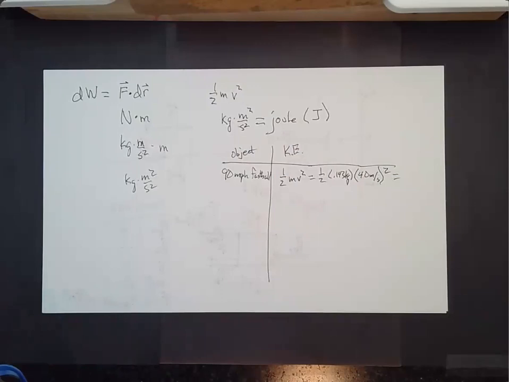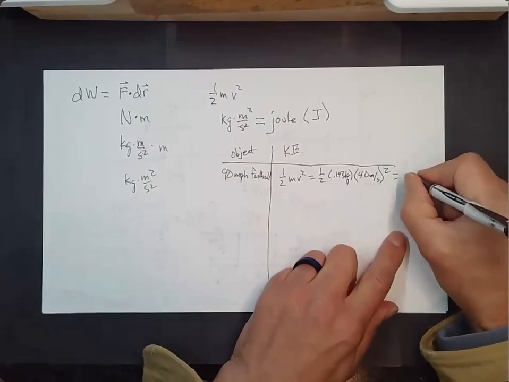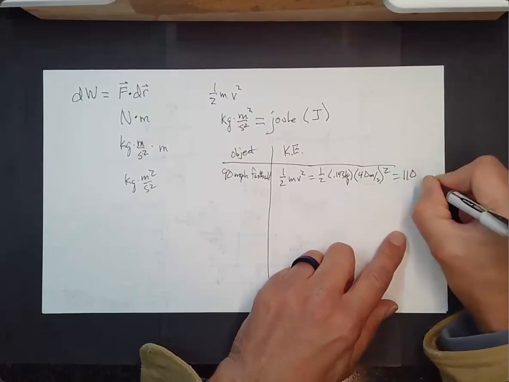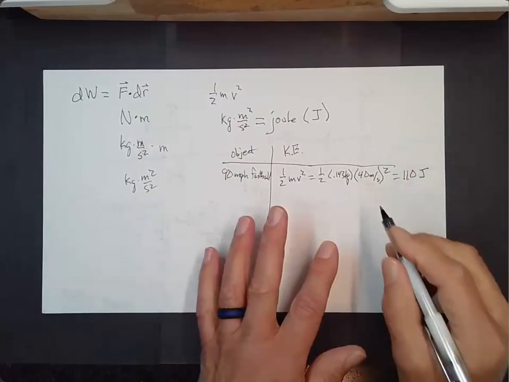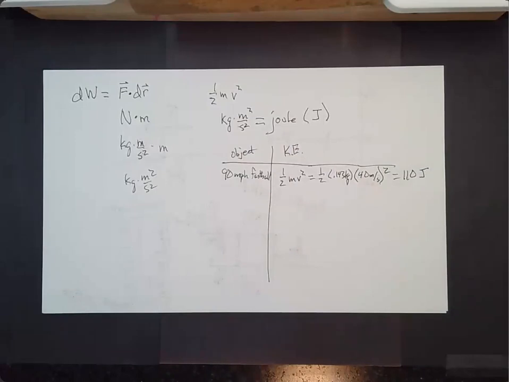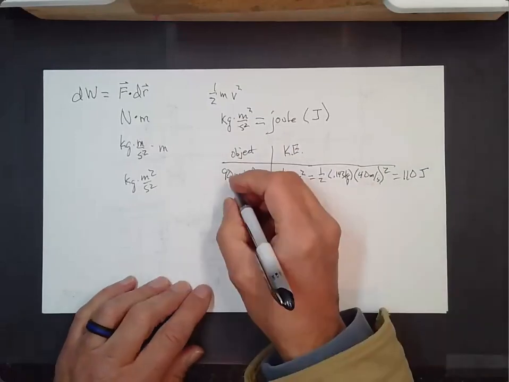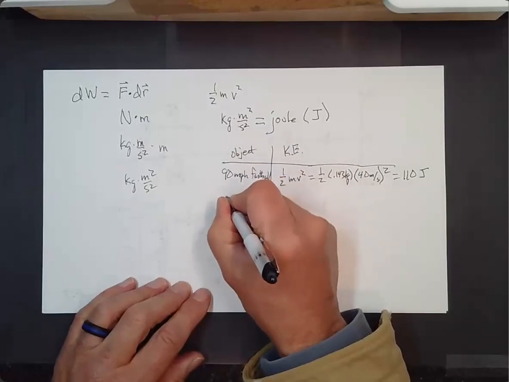And it ends up being about, well, I'll just round it to 110 joules. Okay, kilogram meter squared per second squared on that thing.